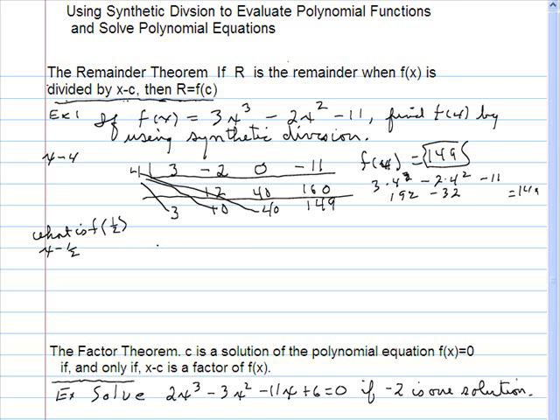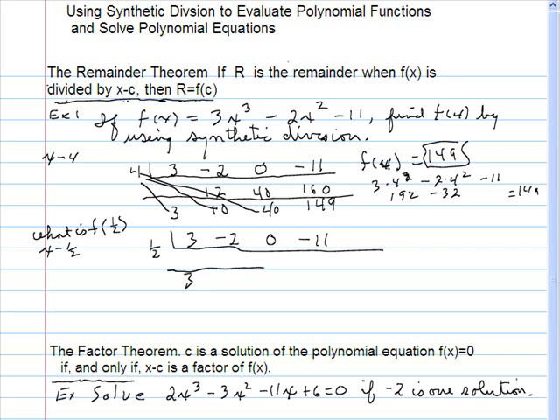So we'd change the sign to a half. We'd write down our coefficients. That would be again 3 for the x cubed term, negative 2 for the x squared term, 0 because there's no x term, that's missing, so you need 0 as a placeholder, and negative 11, and let's begin.